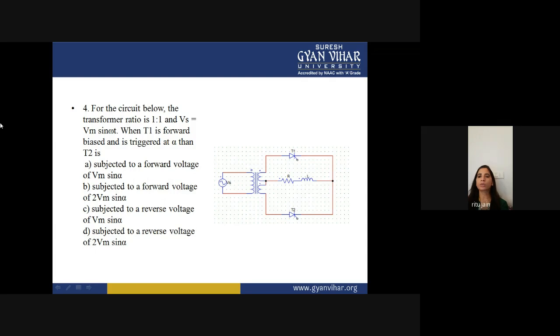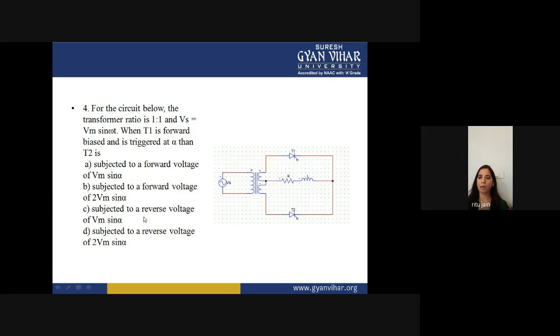When T1 is triggered at alpha, it becomes forward biased and T2 will be reverse biased, but the voltage which will appear across it will be 2 Vm sine alpha. So the correct answer is it will be subjected to a reverse voltage of Vm sine alpha.